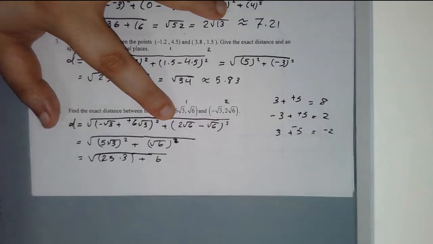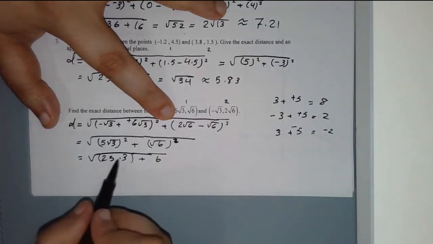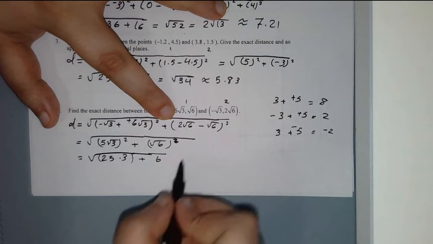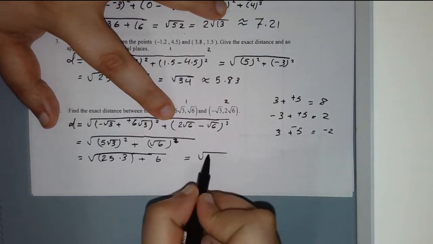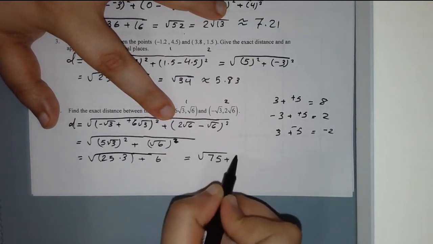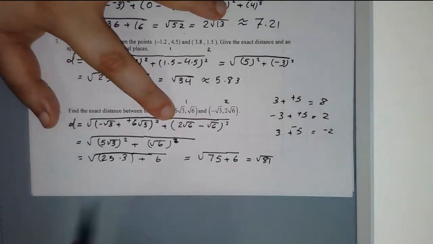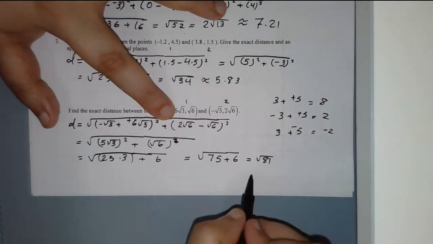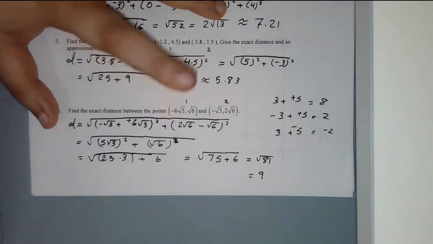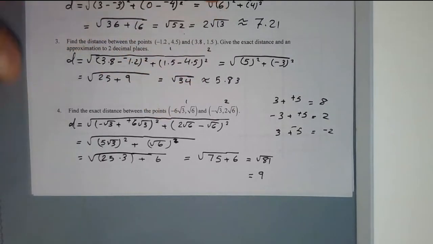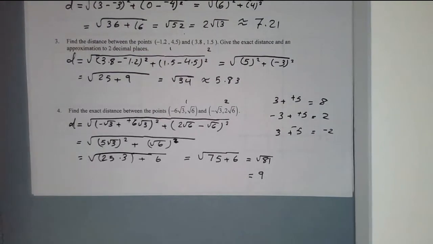Square with the root, cancel. Okay, so 25 times 3 is 75 plus 6, and then gives me root of 81, which equals what? What's the root of 81? 9. That's the answer. Yeah? Questions?